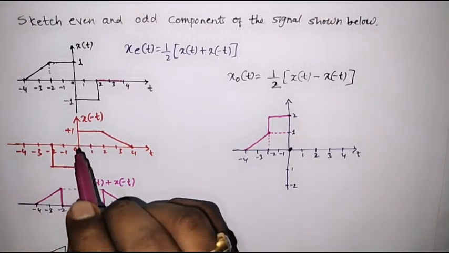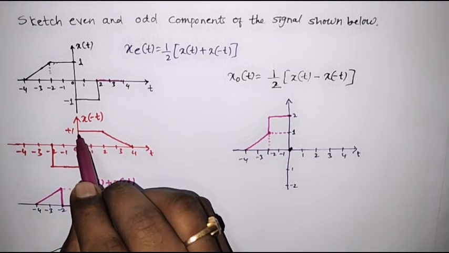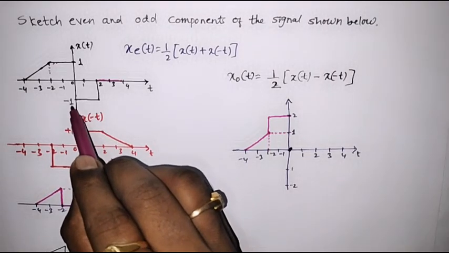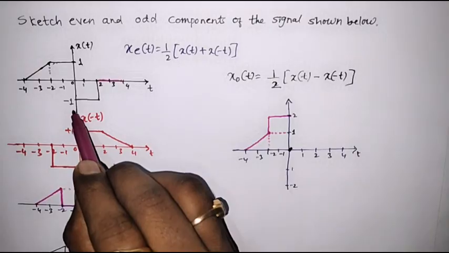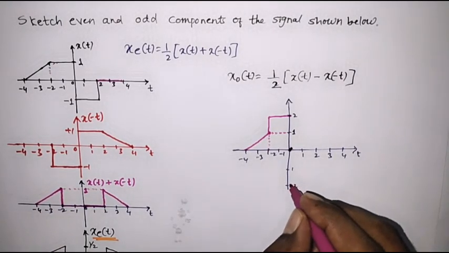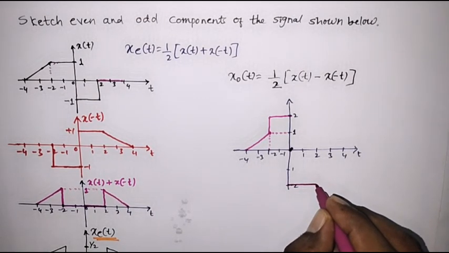So when we subtract this from this, that is -1 minus of +1, that is -1 minus 1 is minus 2. So from 0 to 2, its value will be minus 2.